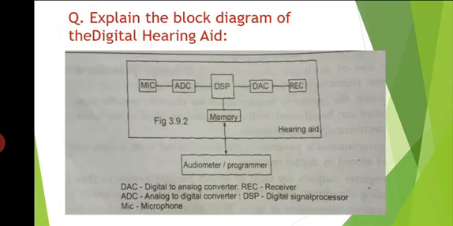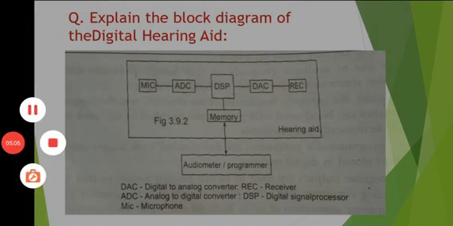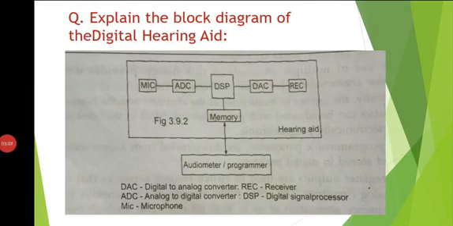Now we will see the block diagram of a digital hearing aid. In this digital hearing aid, the main blocks are mic, ADC, DSP, DAC, and receiver.